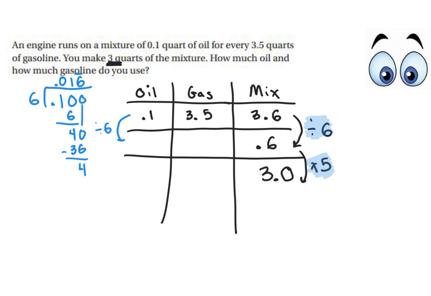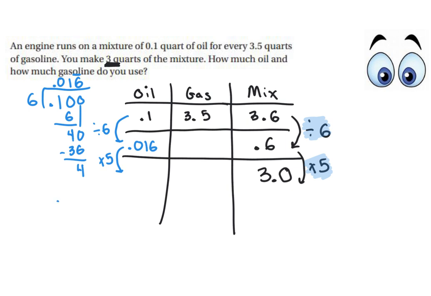And that's going to repeat. 0.016. And now we need to multiply that times 5. So 0.016 times 5. 5 times 6 is 30. 5 times 1 is 5. And 3 more is 8. 5 times 0 is 0. So we get 0.08 quarts.